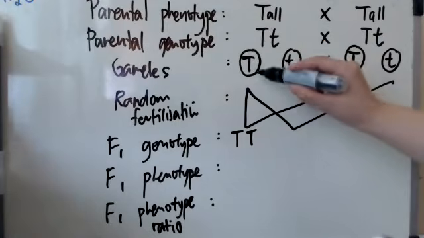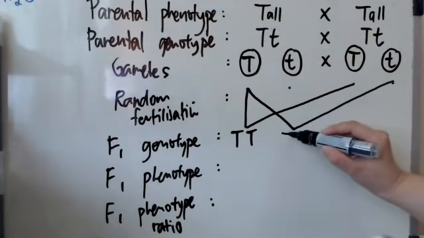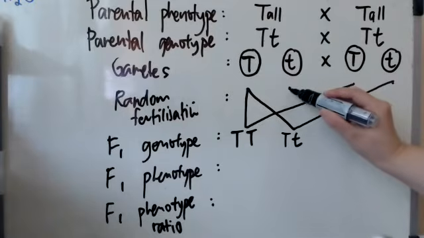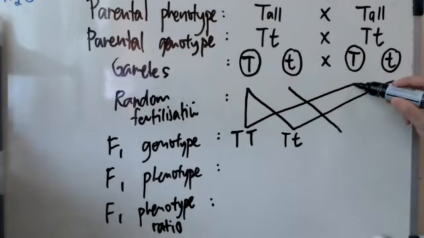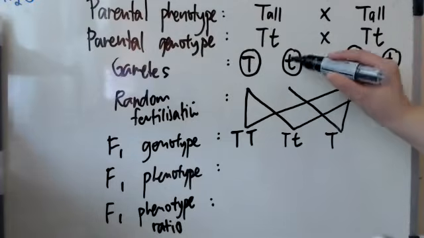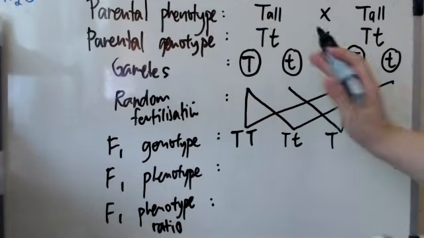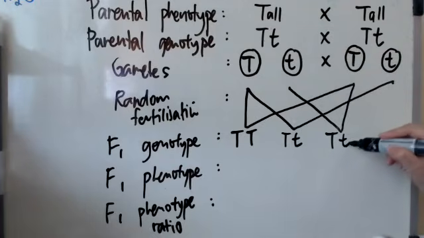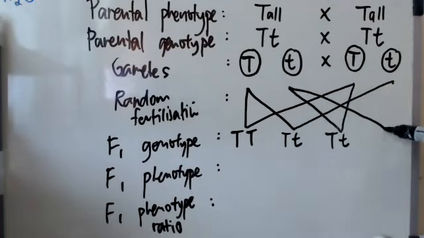So here you can see a capital T and a small t. Then the second gamete crosses with the first gamete. So capital T, always write capital first, although this one is at this side. Always write the dominant trait first, then the recessive trait. Then second gamete and second gamete, you're going to end up with small t, like this.